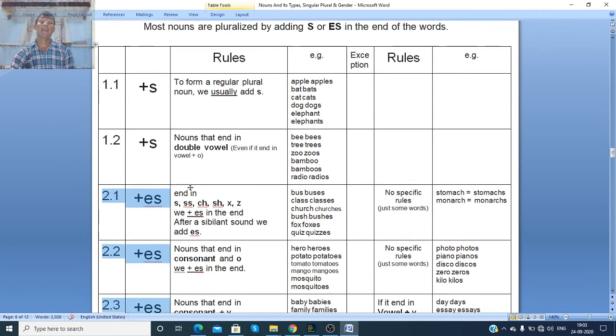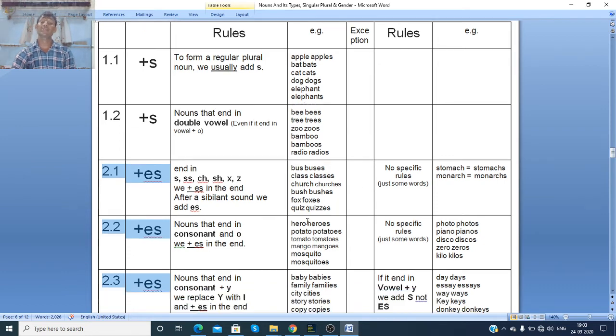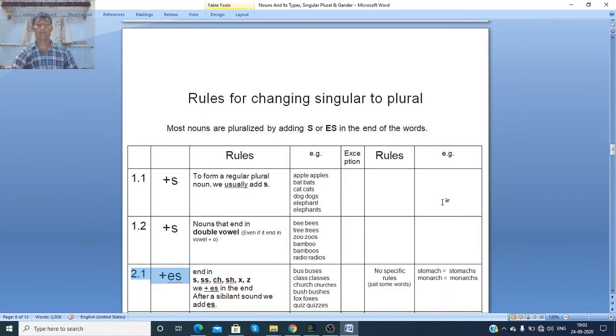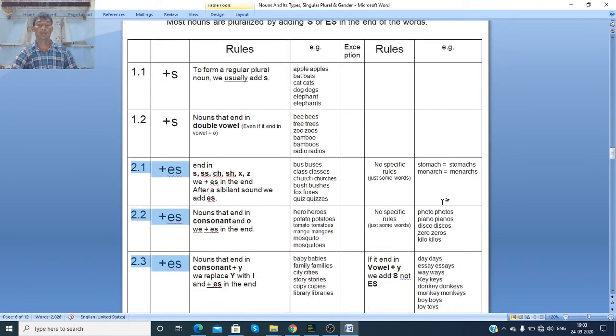So we add s and es at the end of most nouns to pluralize them. And this is the table of rules for changing a singular noun to plural.